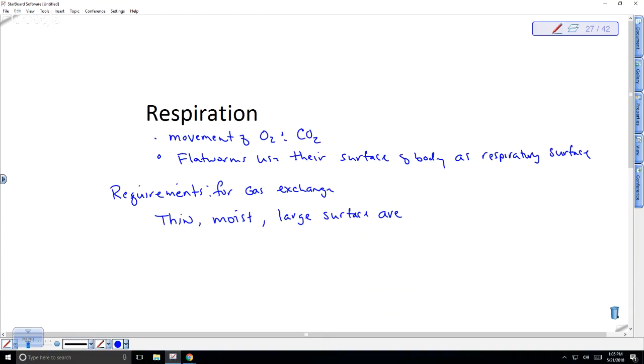The reason for this is that oxygen and carbon dioxide are not pumped, but rather they simply diffuse. So gases diffuse from a higher to a lower concentration.